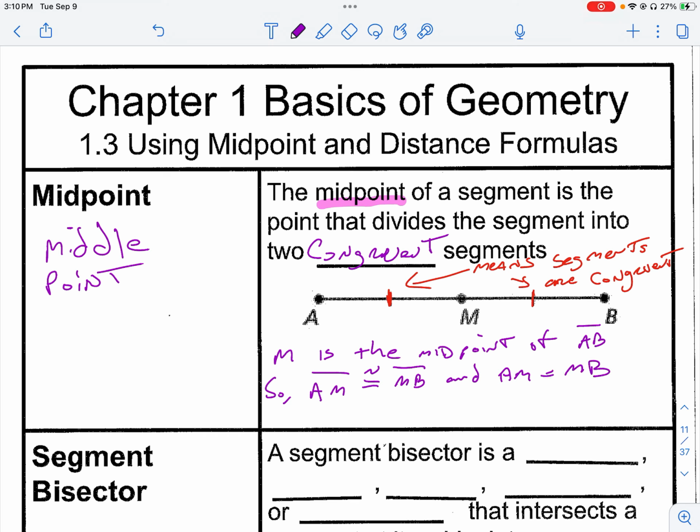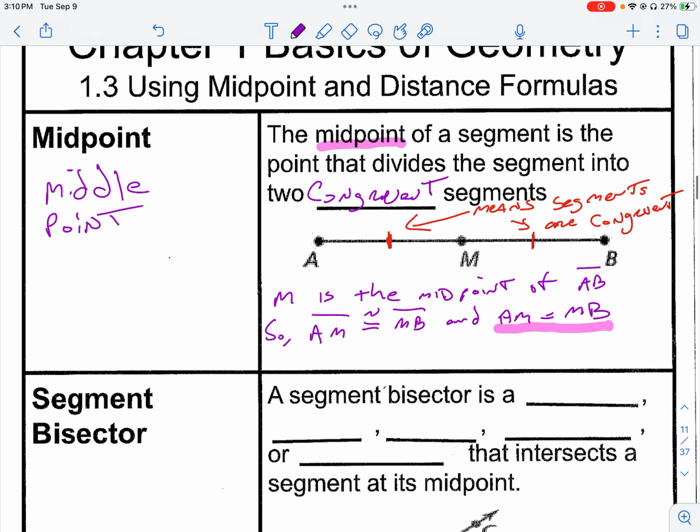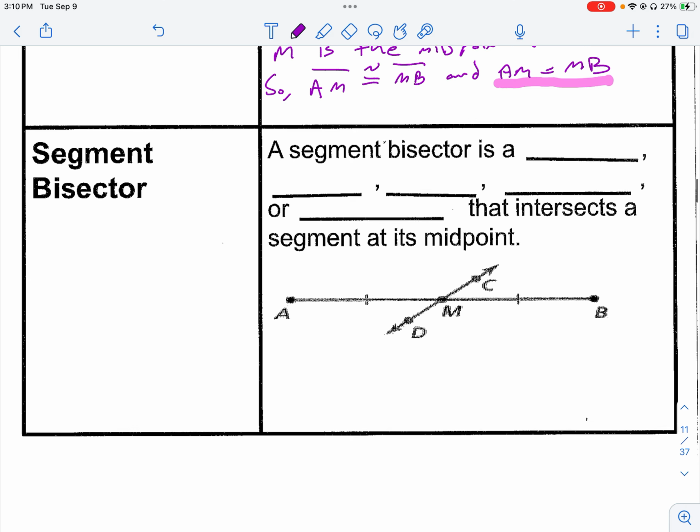And we remember that when we have the two letters for the segment with nothing over top of them, that means the distance. So that's the midpoint.